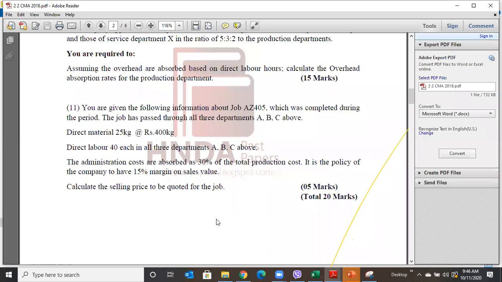Direct labor 40 each in 3 departments A, B, C. The administration costs are absorbed as 30% of total production cost. It is the policy of the company to have a 15% margin on sales value. Calculate the selling price of this quoted job.